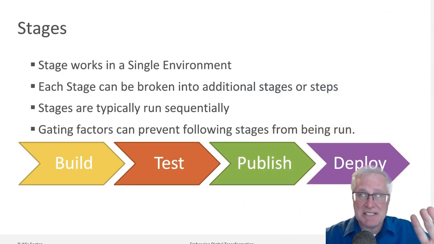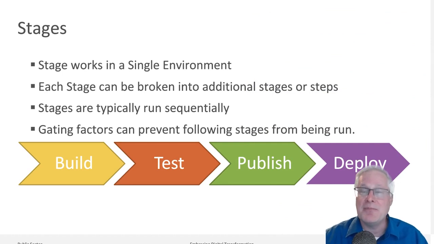Now let's talk about stages. Stages are part of a CI/CD pipeline. Now, the best way to think of stages is that a stage works in a single environment. So if I have a build stage, I may have a build environment. So all of my code is being built. It means that I have policies around that environment. Everything's contained in there.